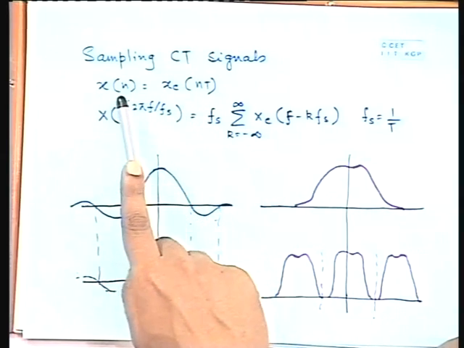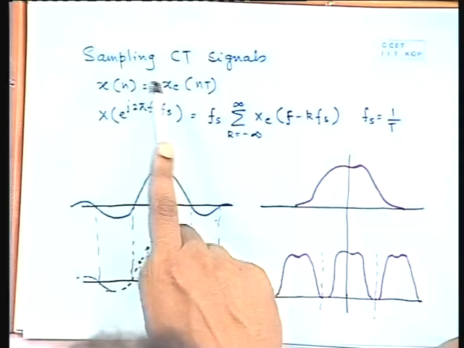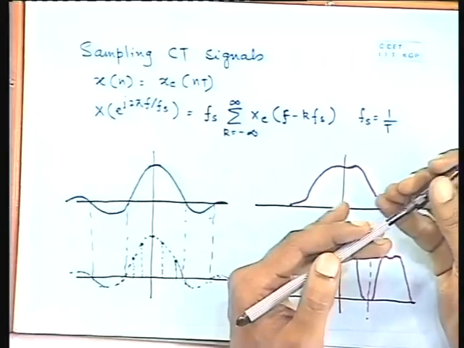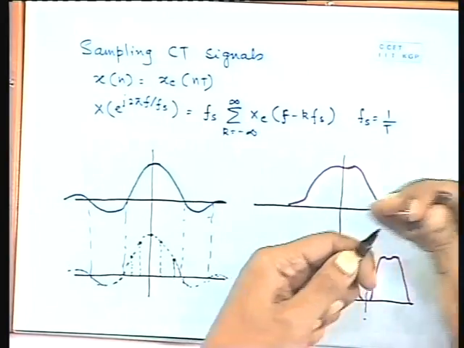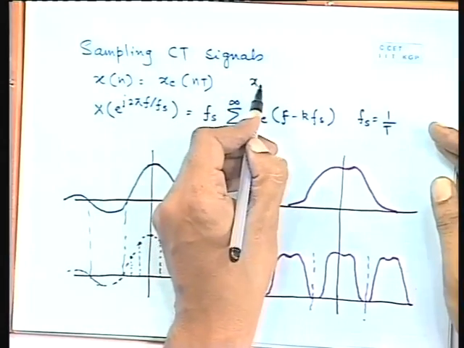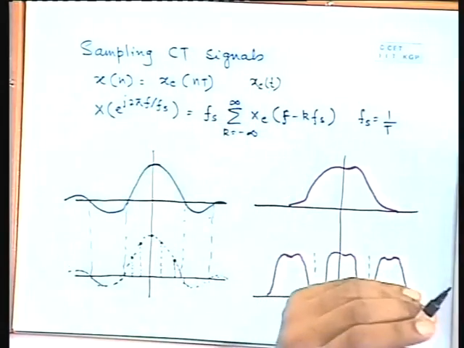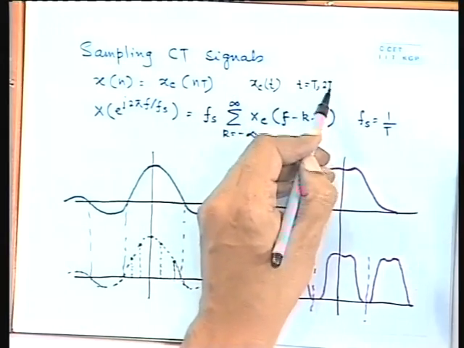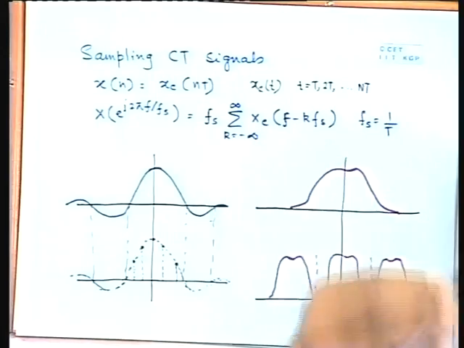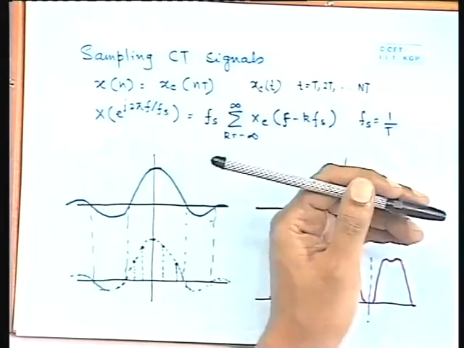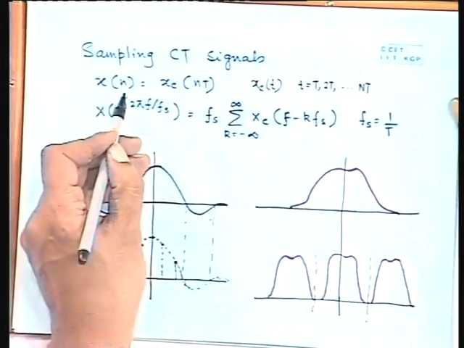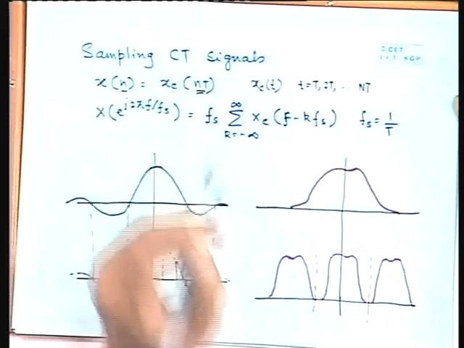So when we say x[n], what we actually mean is that there is a continuous time signal xc(t), and you are merely sampling it at t equal to T, 2T, in general nT. So we are talking about periodic sampling here, and when we say x[n], what we actually mean is xc(t) at t equal to nT. That is what we mean.